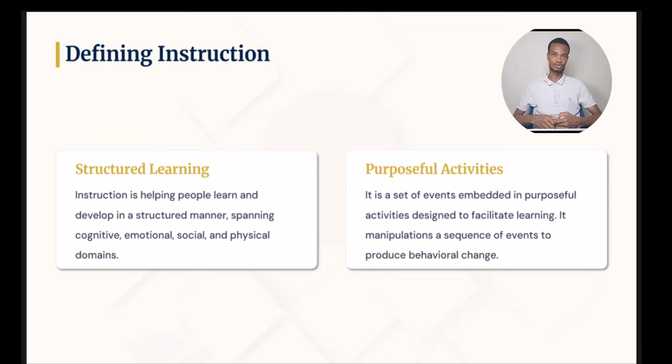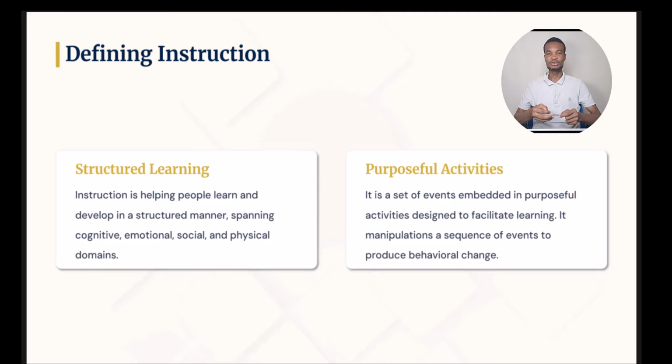So, when you help people learn, you are passing instruction. When you instruct a person, for example, you instruct a child not to touch a hot plate, you are telling the child that it could burn him or her. It is not appropriate to touch a hot container or a hot object with their bare hands. So what do you do in the process of instruction? You either tell the child not to touch the hot plate, or you give the child a cushion, an insulator to put in between their palm and that hot plate.